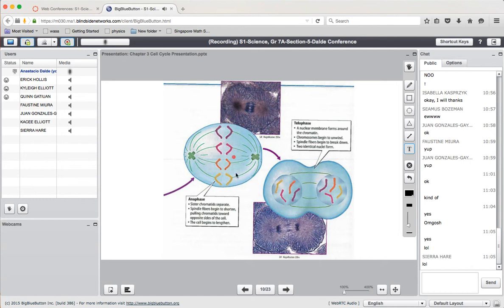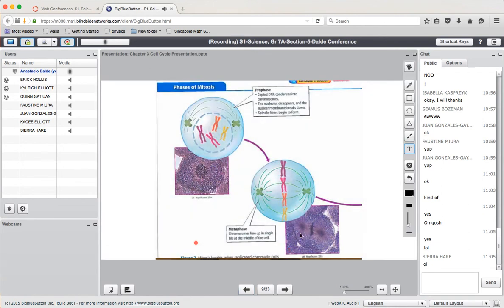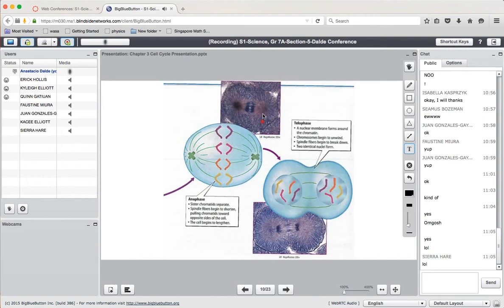The other spindle gets the other piece, but they're all getting the same exact information. So this cell isn't two separate things yet, but it begins to lengthen. You have a cell that's going from a straight up circle to more of an oval shape. It's because these spindle fibers are pulling these chromosomes apart.